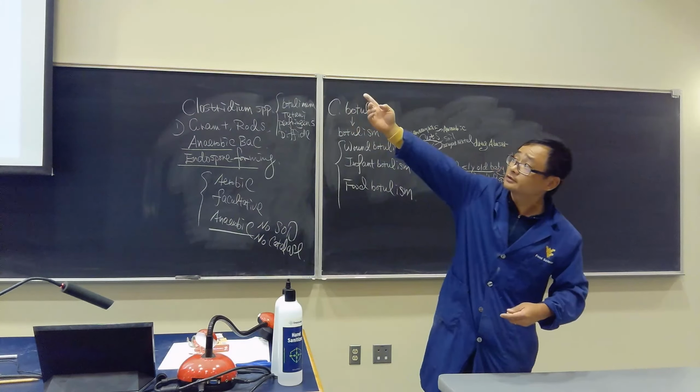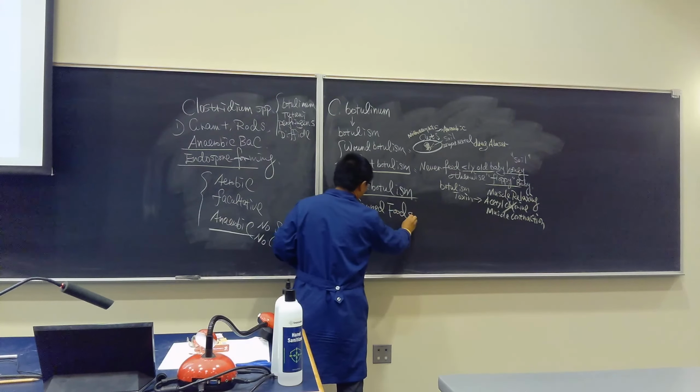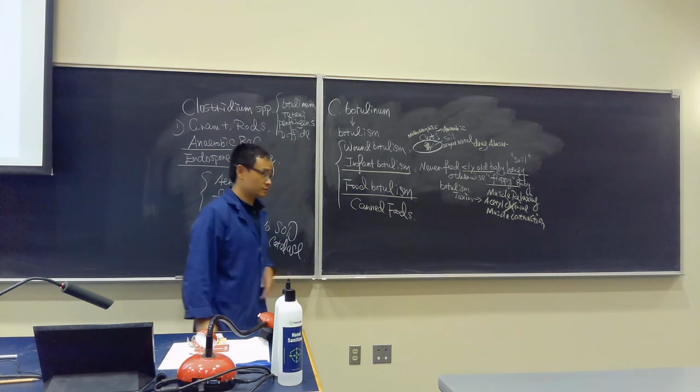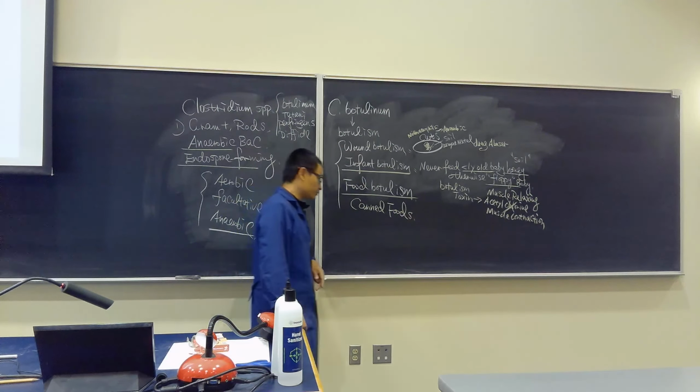Okay, food botulism, we want to talk more about that. What is food botulism? It's related to one group of foods, which is called canned foods. Okay, what are canned foods? Canned foods, we also call low acid food.